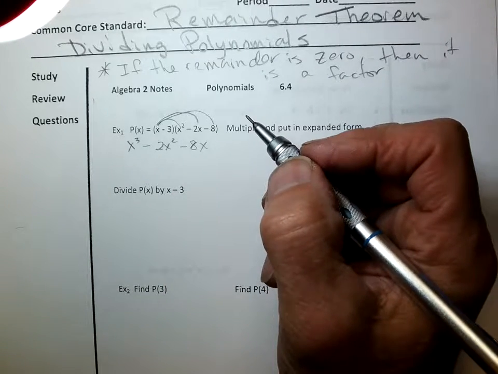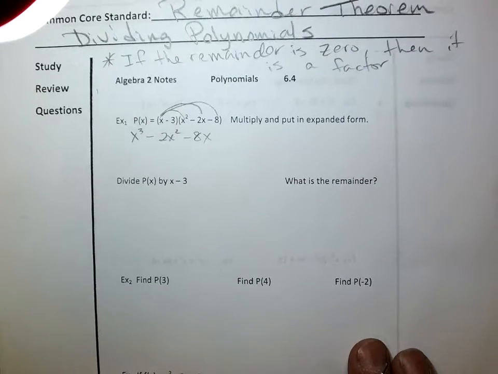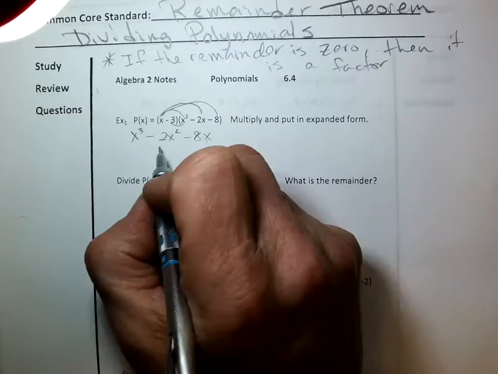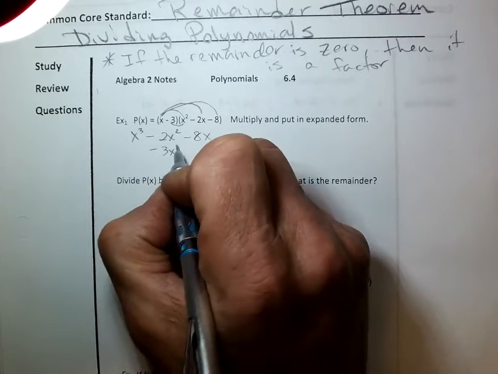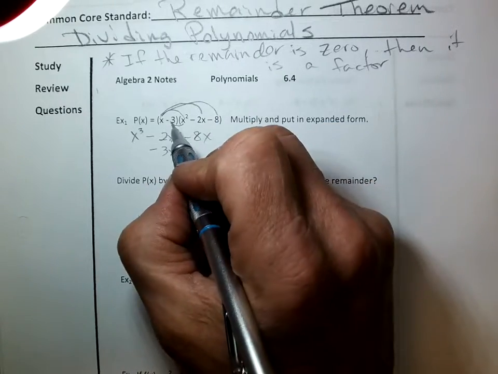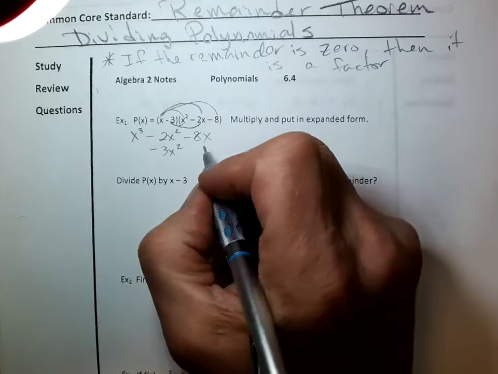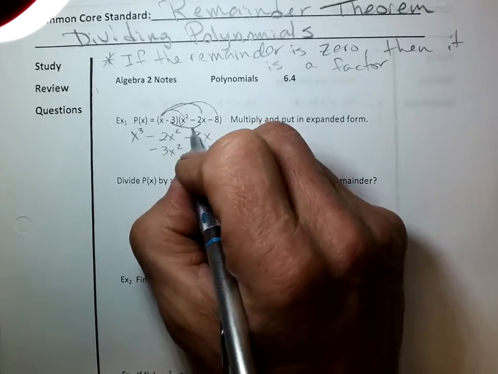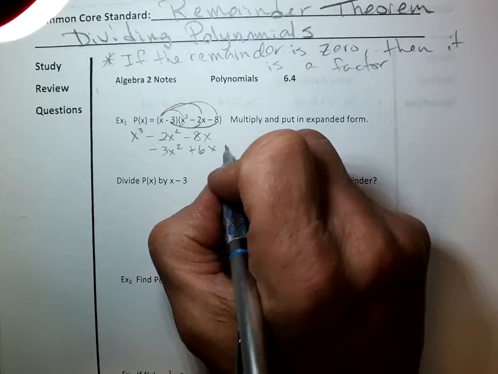Am I going too fast? Okay, and I'll multiply through by the negative 3 when you're ready, okay? Negative 3 times x squared is a negative 3x squared. Negative 3 times a negative 2x is a positive 6x. Negative 3 times negative 8 is a positive 24.